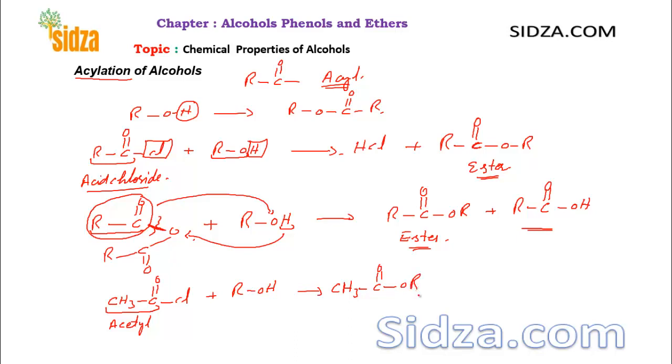This process is an acylation in general, but we can call this reaction an acetylation, because we are attaching an acetyl group. Plus what do you get here? You get HCl.